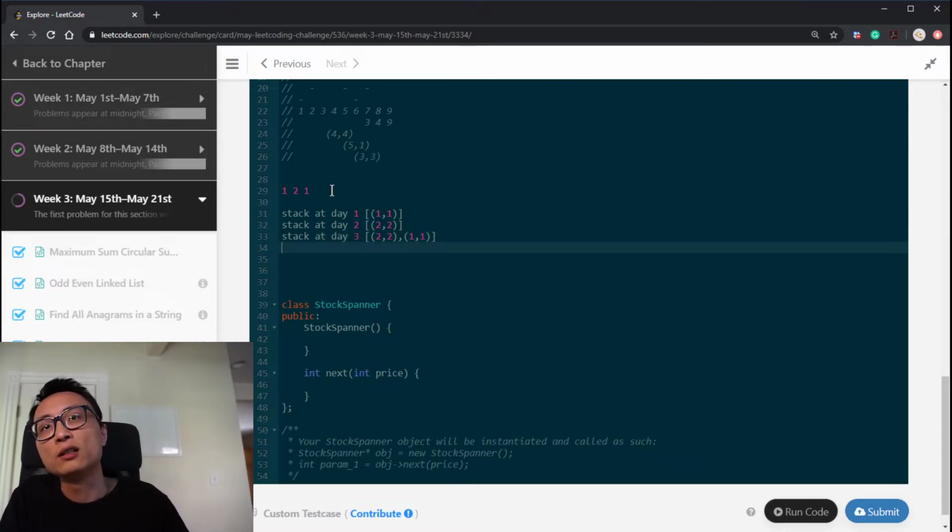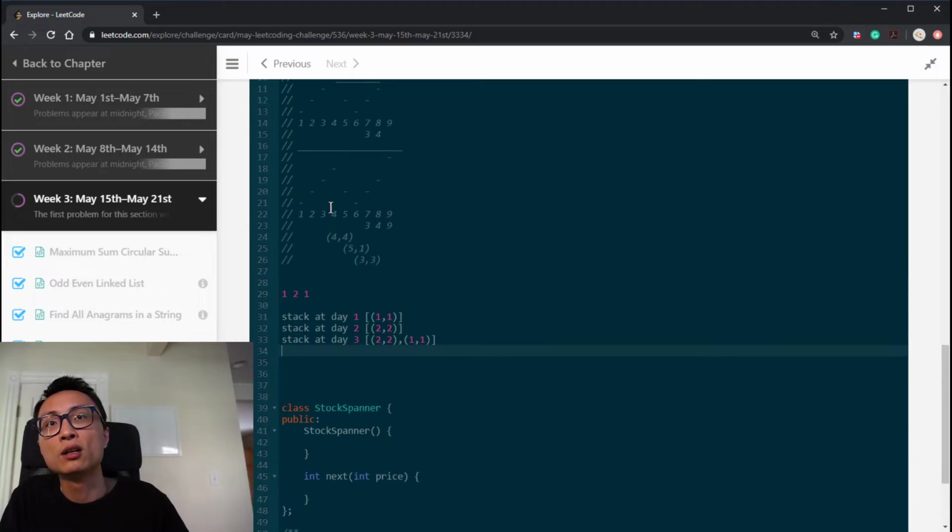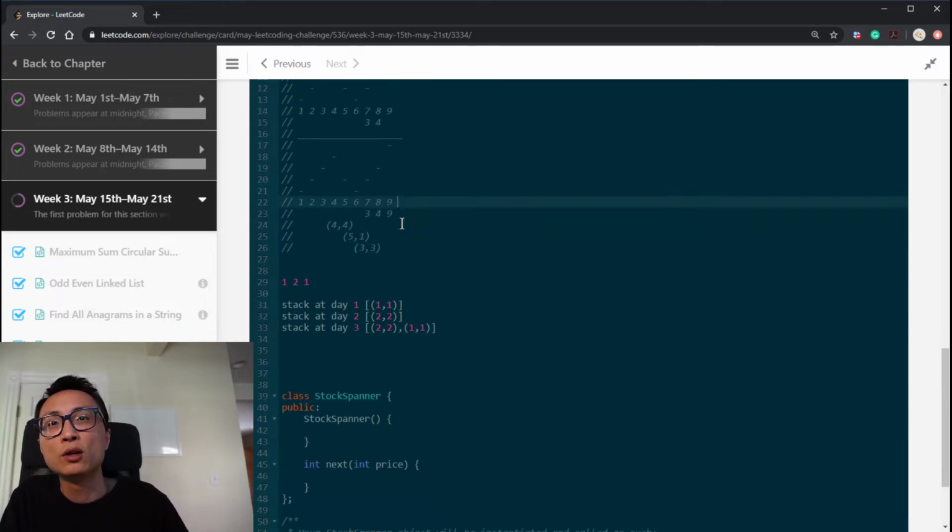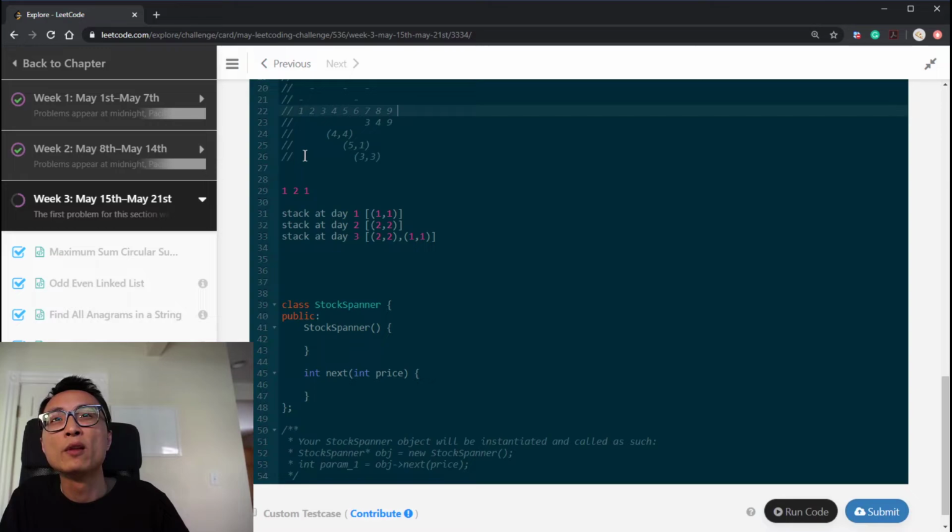So the idea is just using a stack to keep track of the price history, and we're going to do compression whenever we can. We do the compression when the current day's price is larger than or equal to the prior day's. That means we can expand the previous span to be even longer.